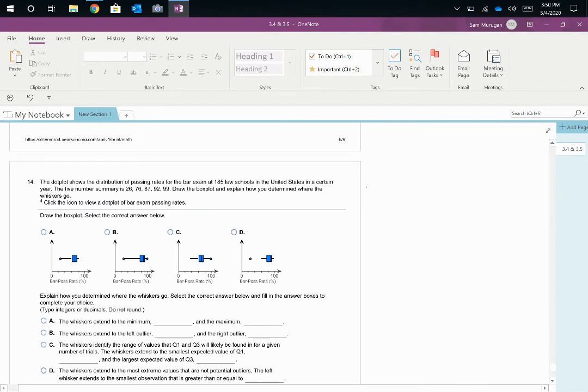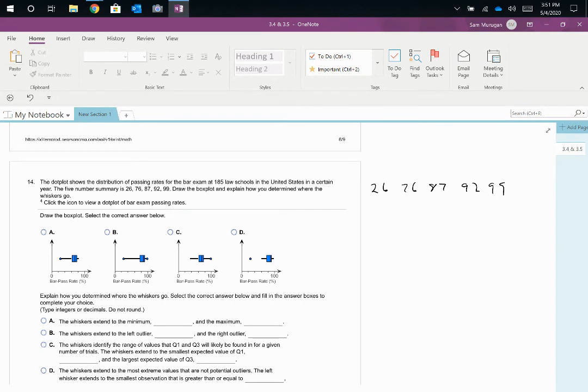Okay. 26, 76, 87, 92, and 99. And then we're going to use what we know about the box plot to answer this question, yeah?